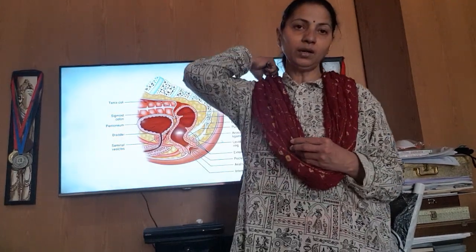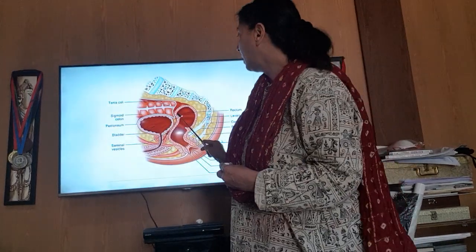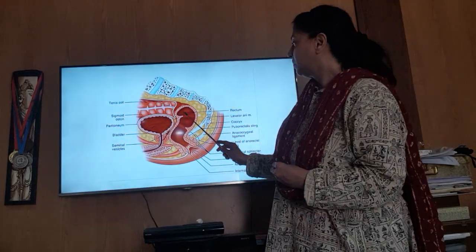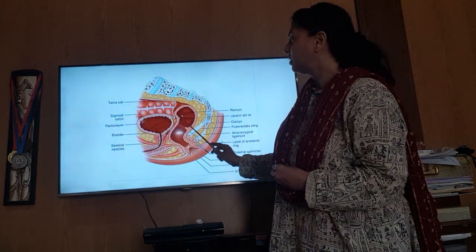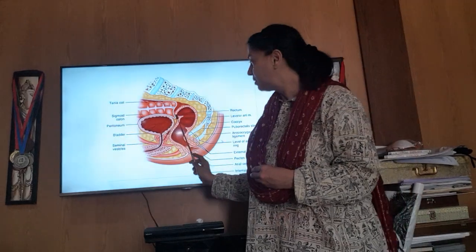And this is called the rectovesical pouch, the pouch of peritoneum formed between the rectum and urinary bladder. Clear? Now, in the upper 1/3 of the rectum, this peritoneal fold covers the anterior surface as well as the lateral surfaces.